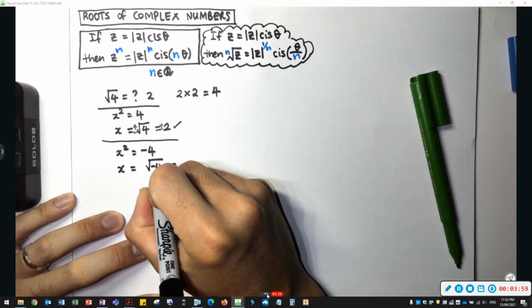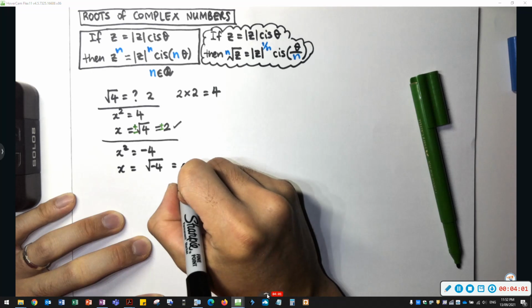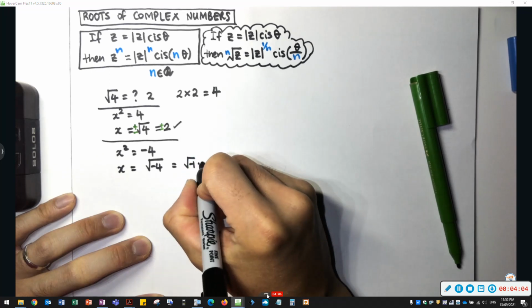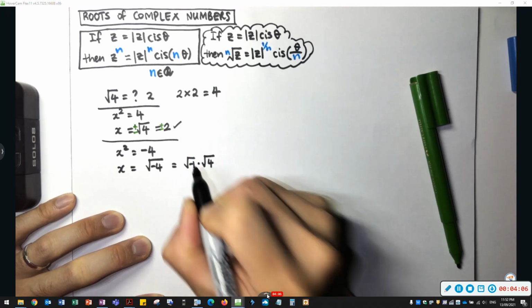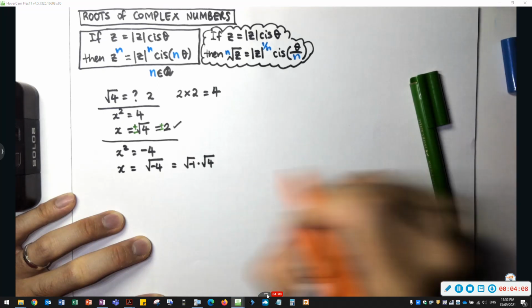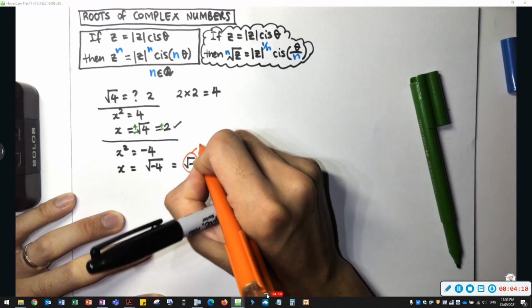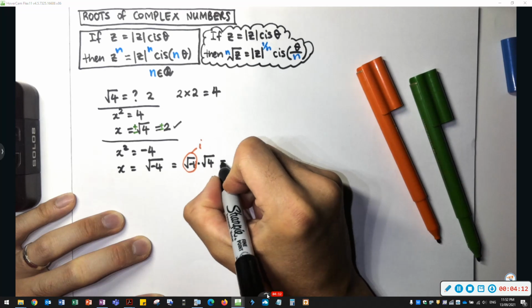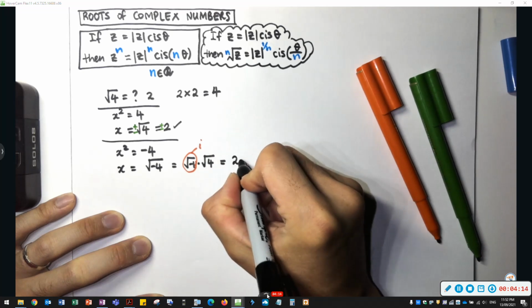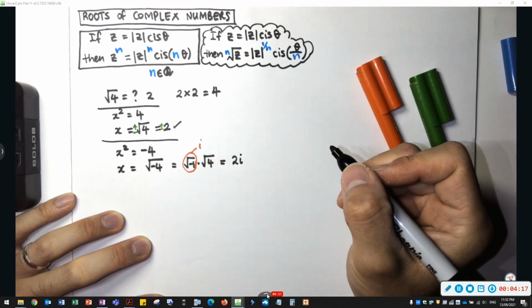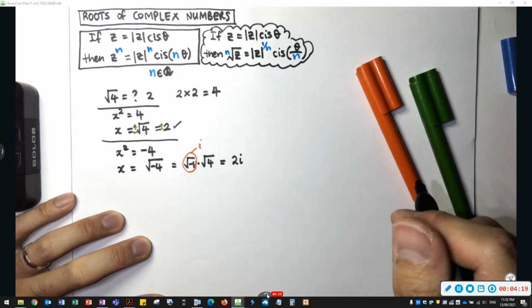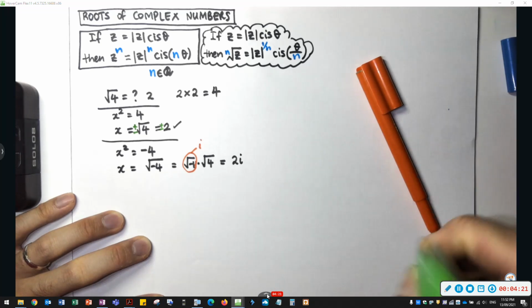So remember, the square root of negative 4 can be broken up in two parts. It's the square root of negative 1 times the square root of 4. Okay, so the square root of negative 1, we know this as i. So the answer must be 2i. Now we can think about this. Do we need the plus and minus?